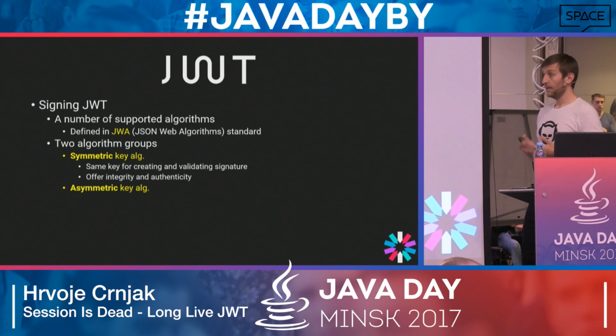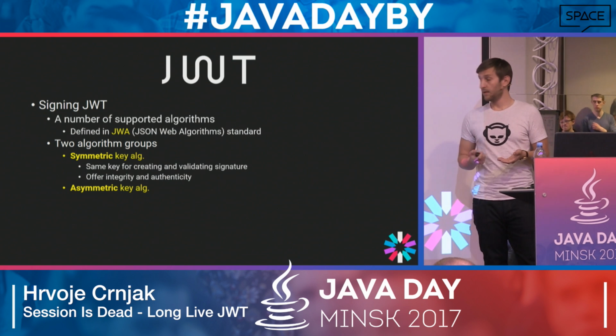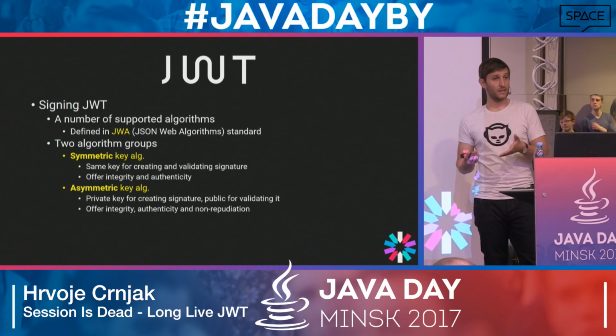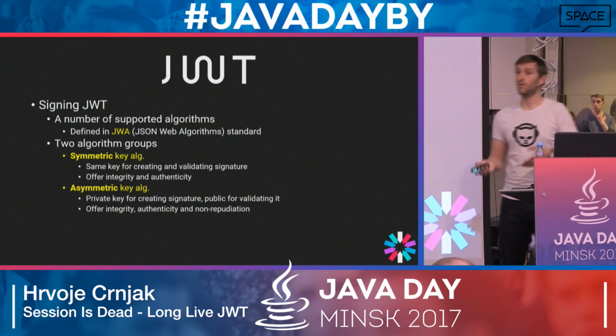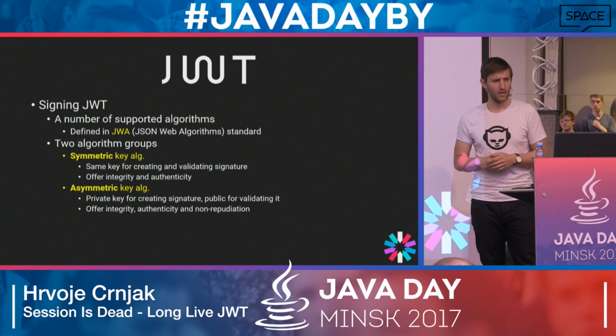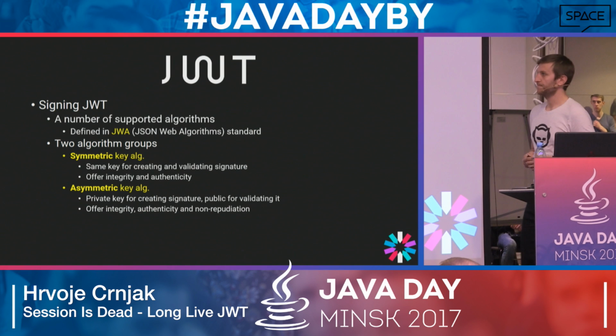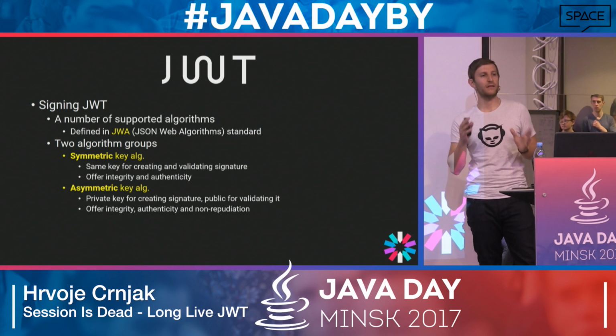And then we have the asymmetric key algorithms. In this case, a private key is used for creating a signature, and the public key is used for validating a signature. Again, I would argue that out in the wild, most of the tokens are signed with symmetric key algorithms.